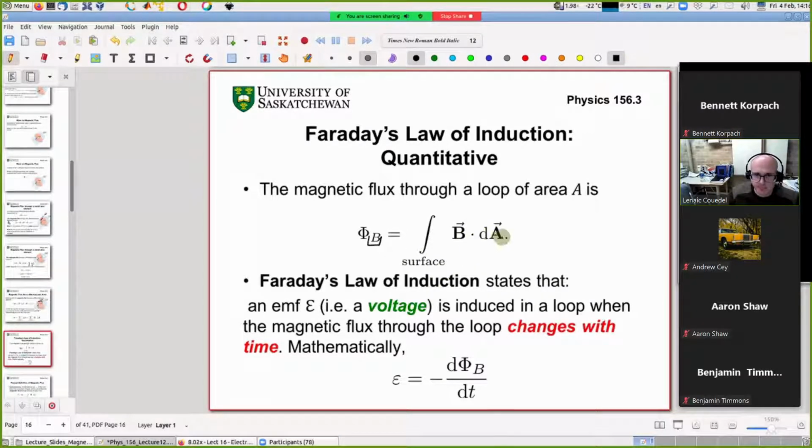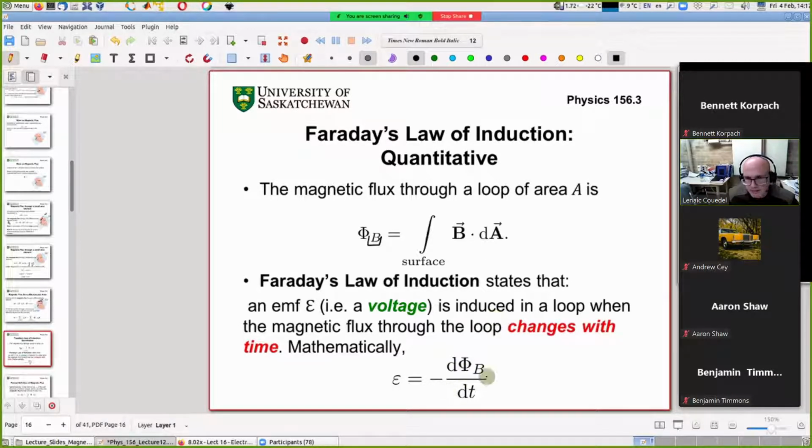And we will see later that Faraday's law of induction states that an EMF epsilon, a voltage epsilon, is induced in a loop when the magnetic flux through this loop changes with time. So mathematically, epsilon is equal to minus the derivative with respect to time of the magnetic flux.